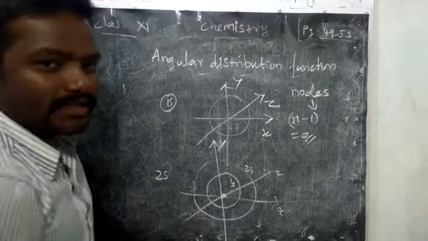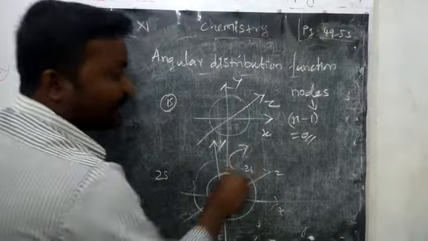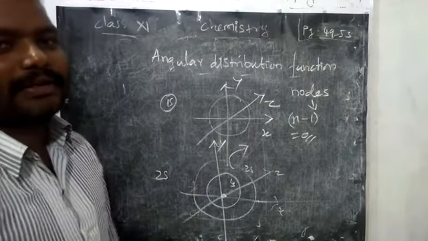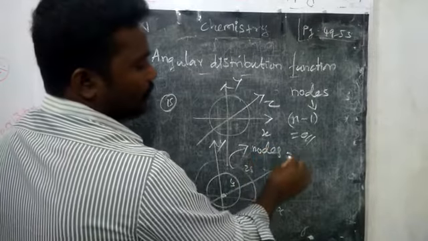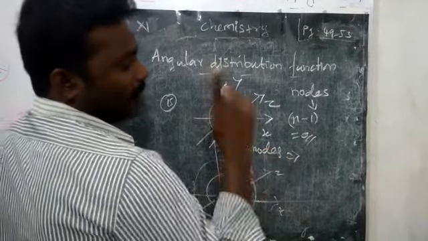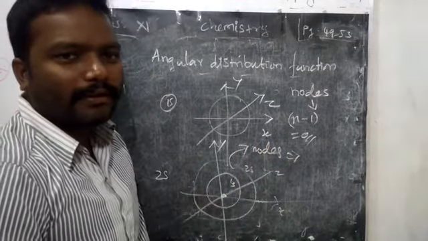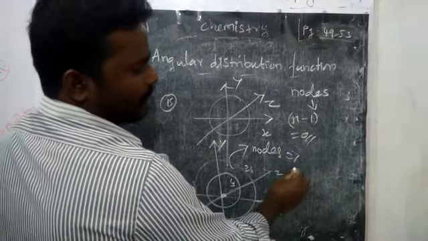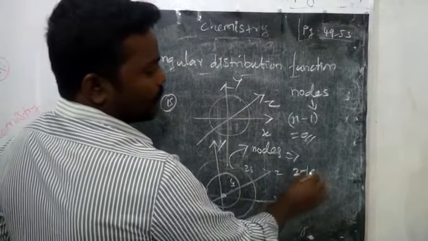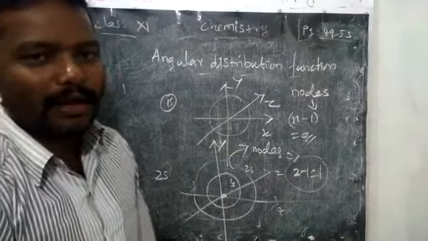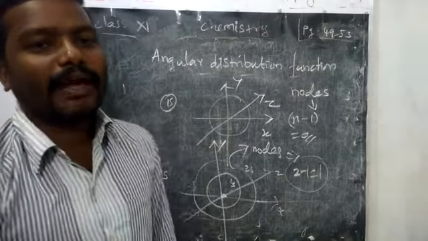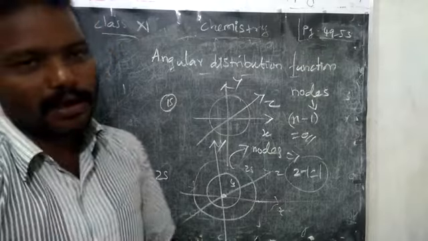In between 1s and 2s, there is an empty space. There is no electron, and that is called a node. So 2s has one node. How do you find it? n minus 1 formula, n value is 2, 2 minus 1 is equal to 1. So the number of nodes in the 2s orbital is 1. Likewise we can find nodes in s orbitals.